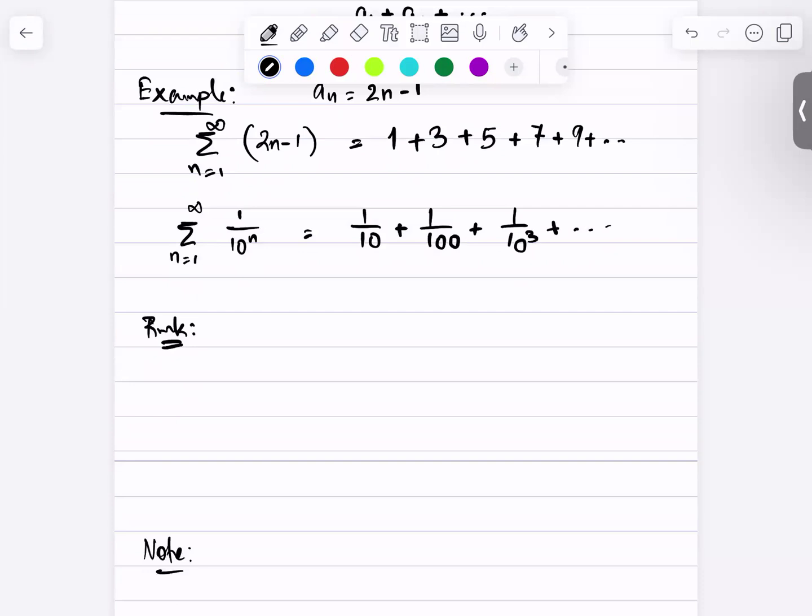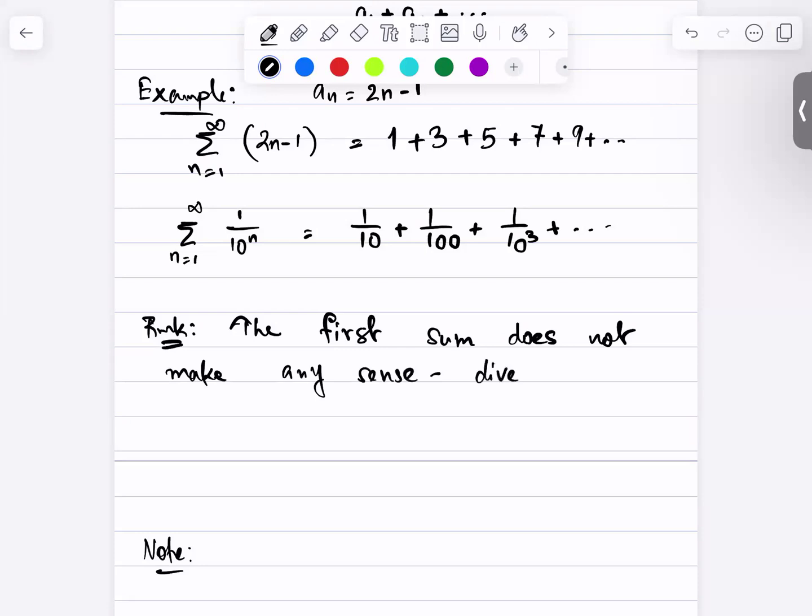I want to make a remark here. The first example, the first sum, actually does not make any sense because that's a divergent series, right?